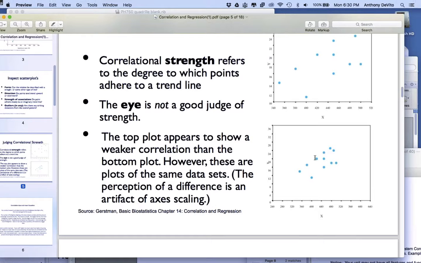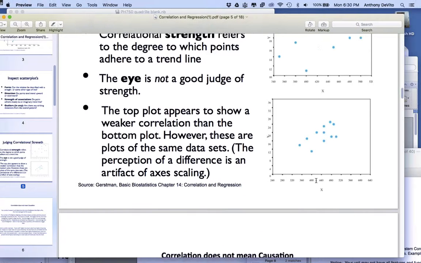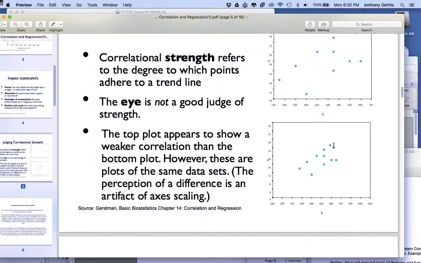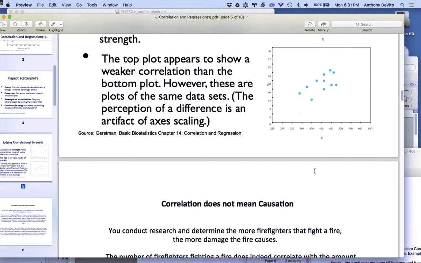So we're really going to be looking at the squares of the differences from the distance to the line, rather than the distances themselves. Okay, and we're going to calculate a number, which is going to be a smaller number if the correlation is very tight, if it's a good correlation, and a bigger number if the correlation is not so good. And actually, we're going to do a little manipulating with that number. So the way we're going to present that number is going to be a little odd at first, but it's going to be something that you're going to be able to work with.